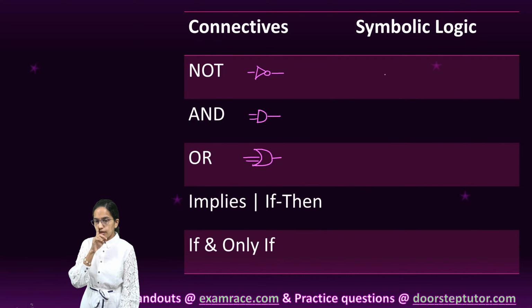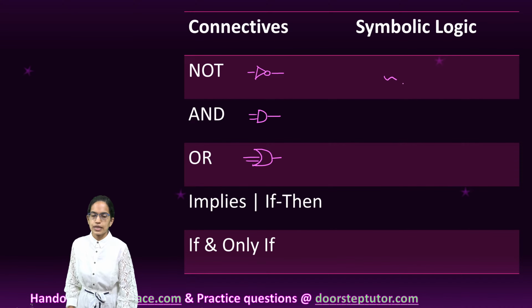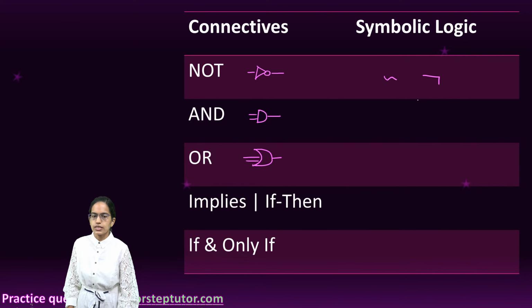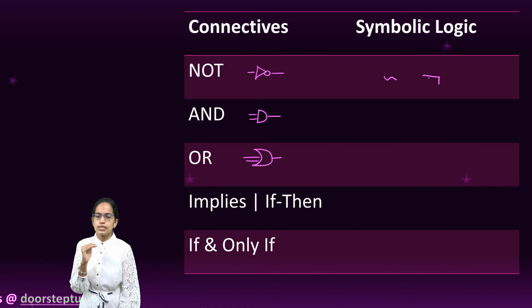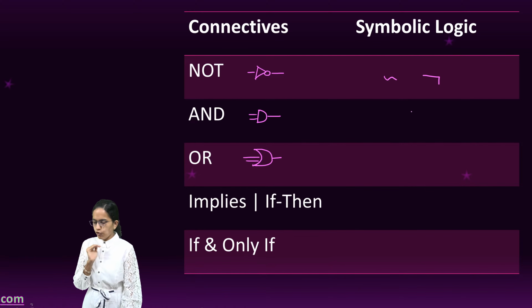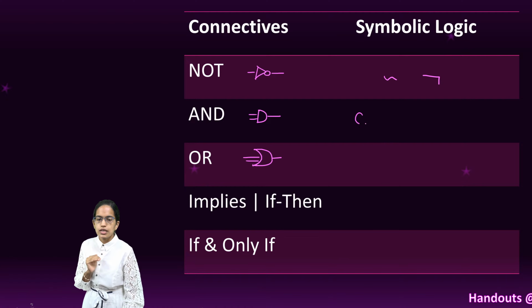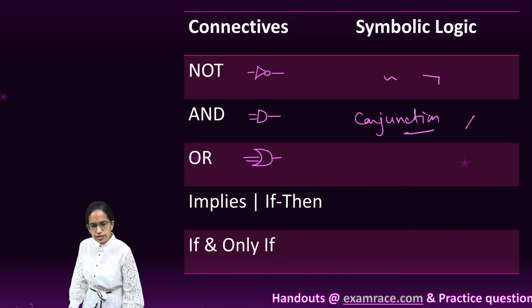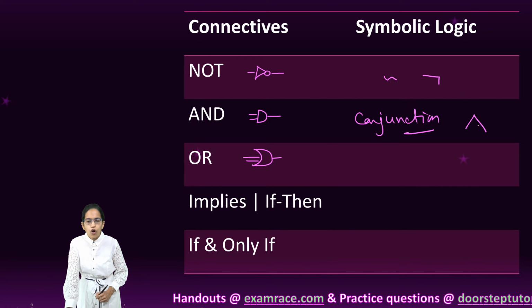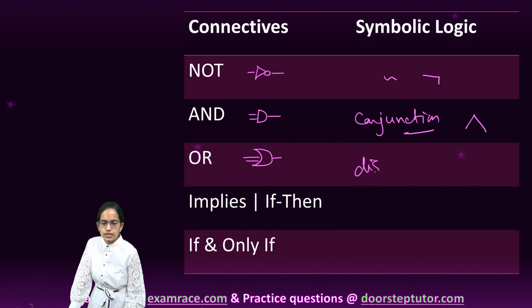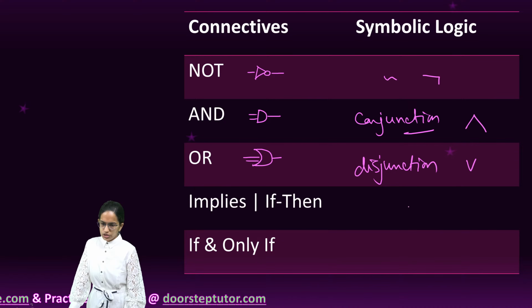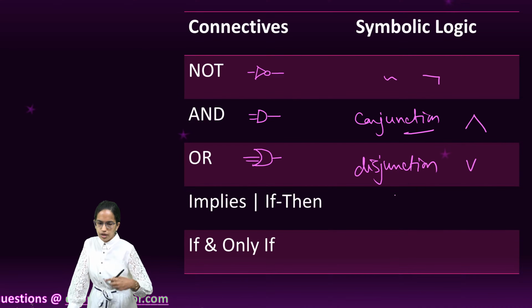Not in symbolic logic is either depicted by a tilde or by a hash. So these are the two symbols that we use for not. For and, what we use is a conjunction, or this is an inverted V. For or, we use disjunction, and this is a wedge, an upright wedge.